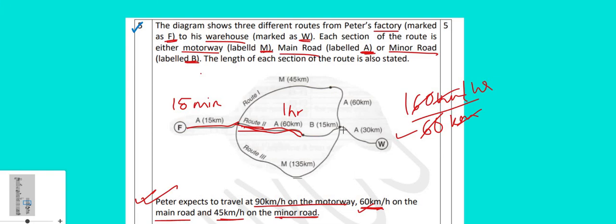And the other 30 kilometers that is here, that is route A again. So here we'll use a bit of common sense with mathematics.